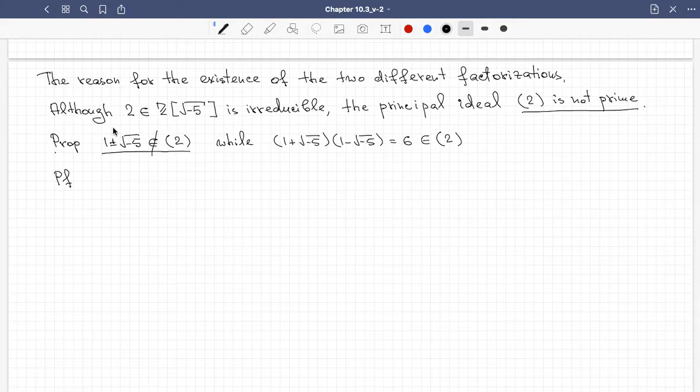Why are these two elements not in the ideal? Now let us, for the proof, write what the ideal generated by 2 is, as a set. It is 2 times any element of the ring, that is 2s plus 2t root of negative 5, where s and t are integers.